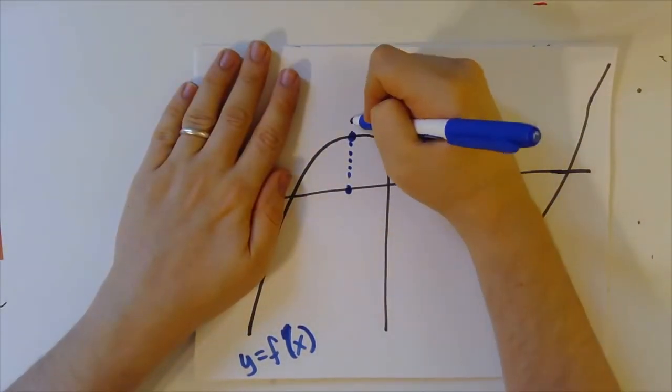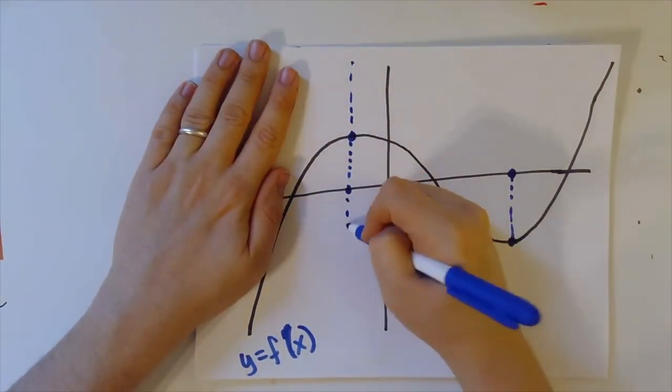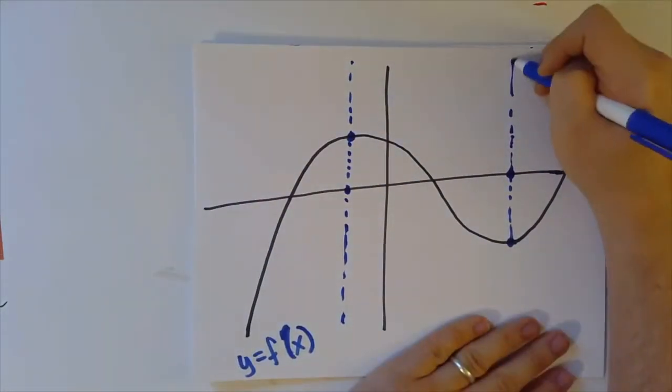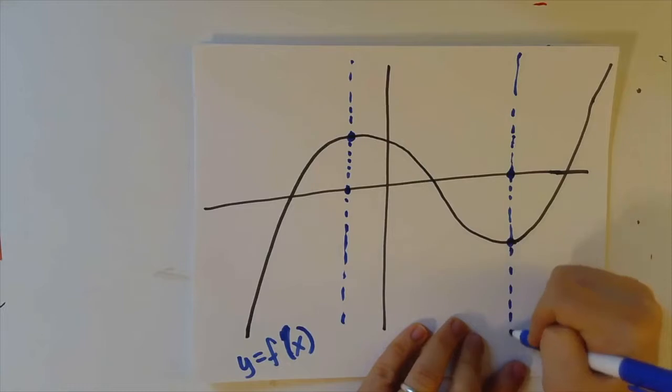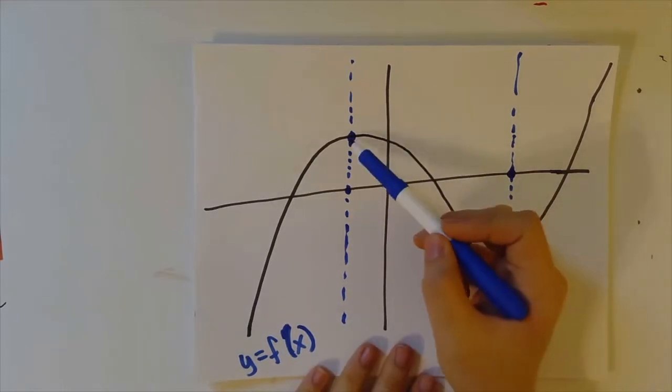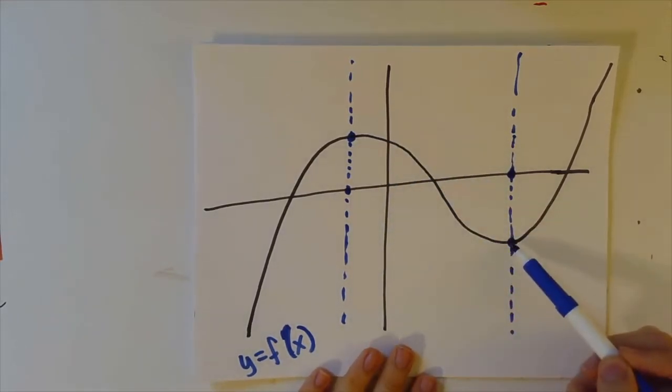Okay. And I recommend, just like we do with the first derivative test, sort of break your graph into pieces along these points. Okay, and think about what's happening between here.